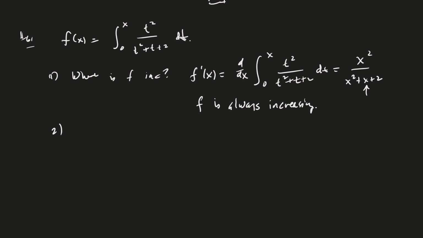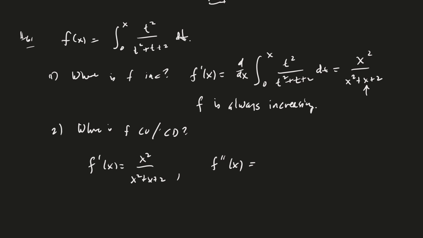Now, let's get to the heart of the matter here. Where is f concave up and concave down? Concave up, concave down. Now, if f prime of x is equal to x squared over x squared plus x plus 2, then what's f double prime of x?